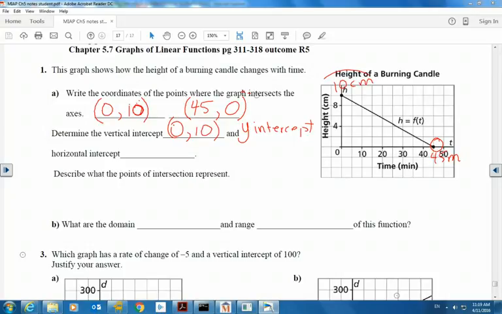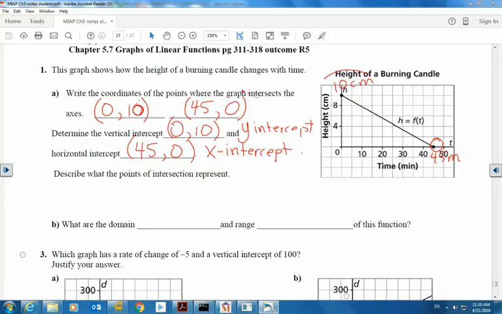And the horizontal intercept is (45, 0). Make sure you have your brackets around it as well. So what do you think that one's also called? The x-intercept. Good.